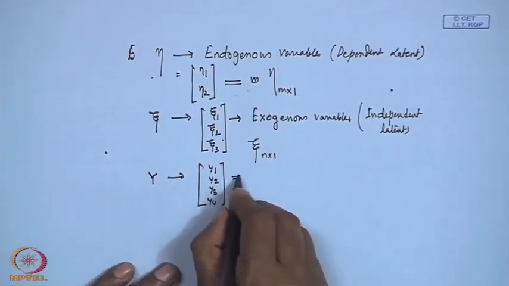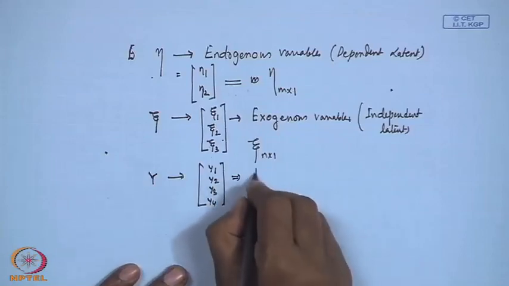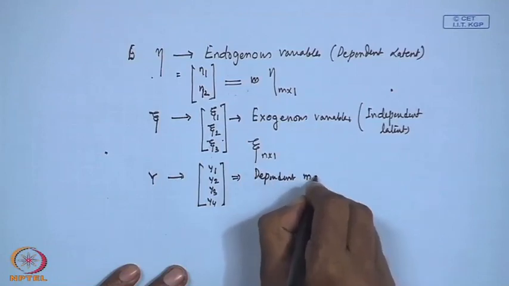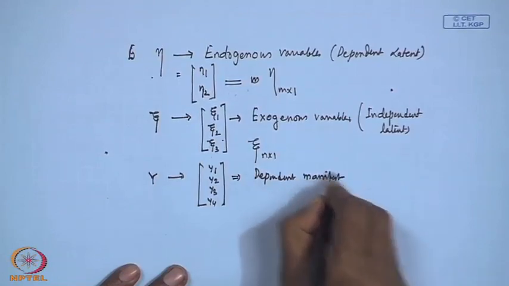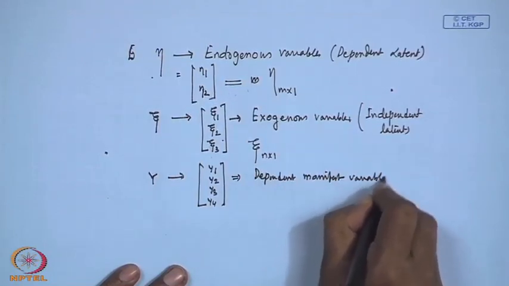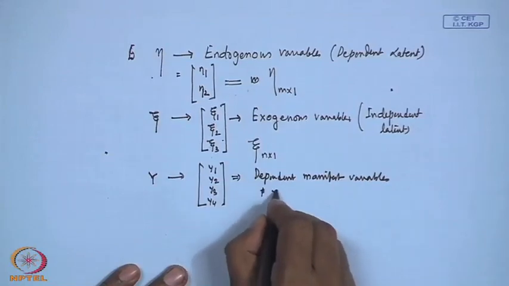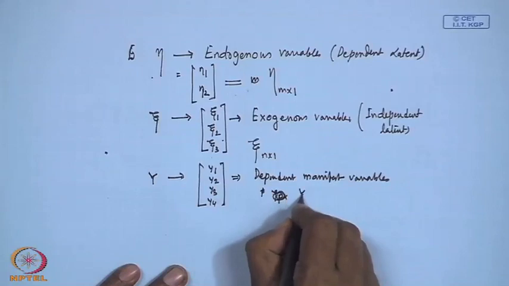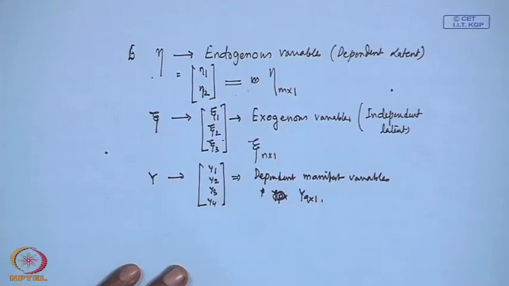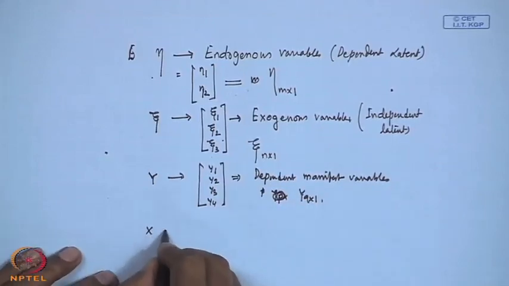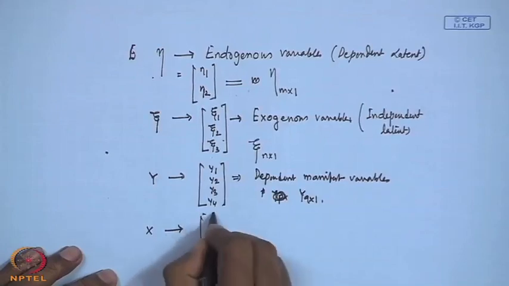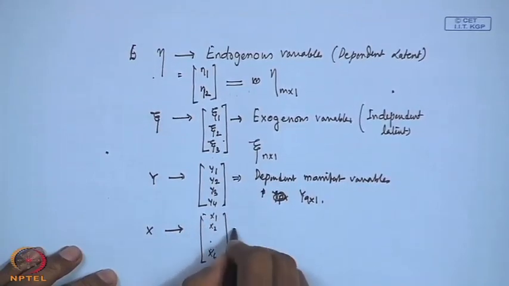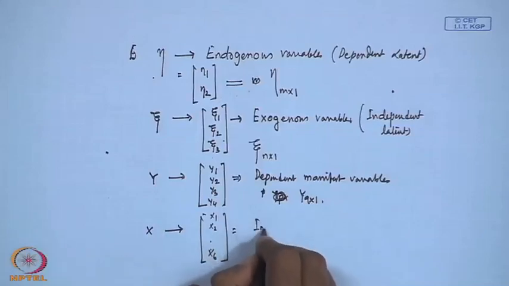So, this is known as dependent manifest variable. It can be, so y can be p cross 1. Similarly, you have x, here we have x1, x2 to x6, these are independent manifest variables.